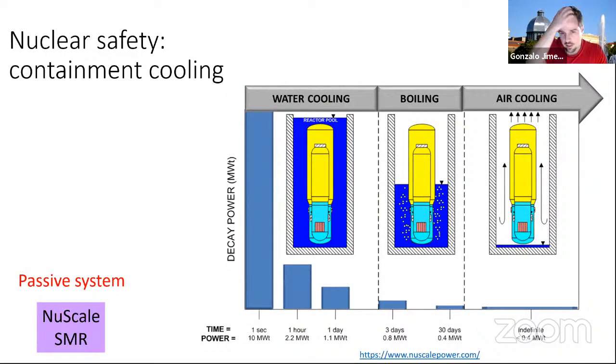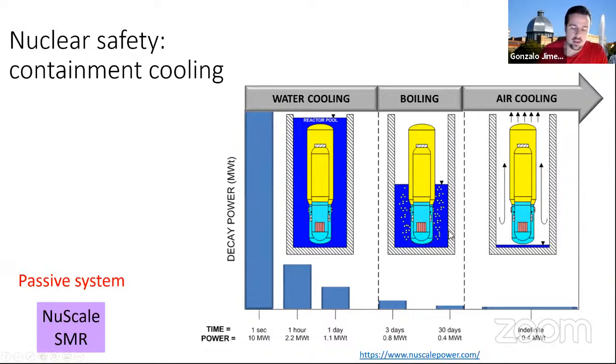In the NuScale SMR, we have a design with the reactor inside a pool. This pool provides enough cooling to avoid any intervention. So it means that in case we have such an accident, we have enough water to cool down the residual heat.